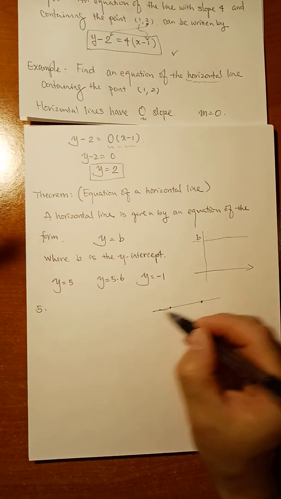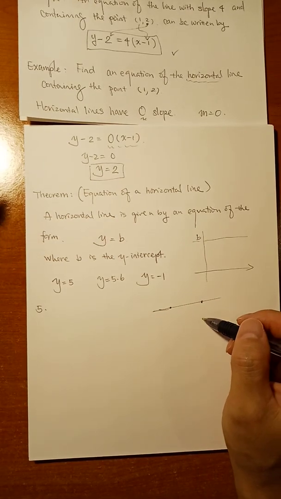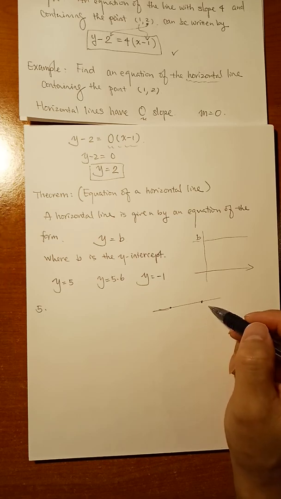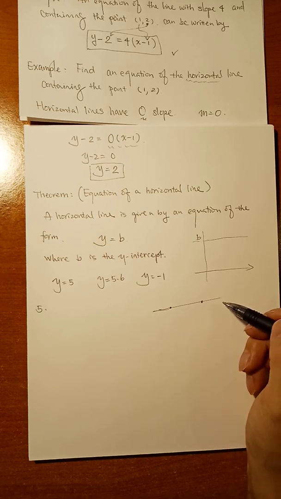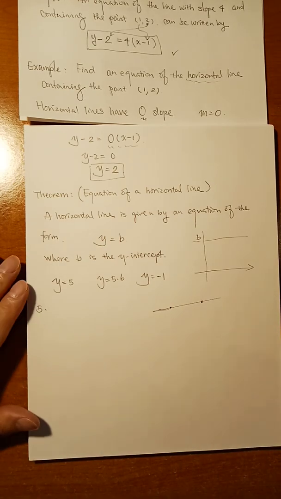I say, okay, what is the equation of this line? The line through two given points, no slope, right? I don't have slope.